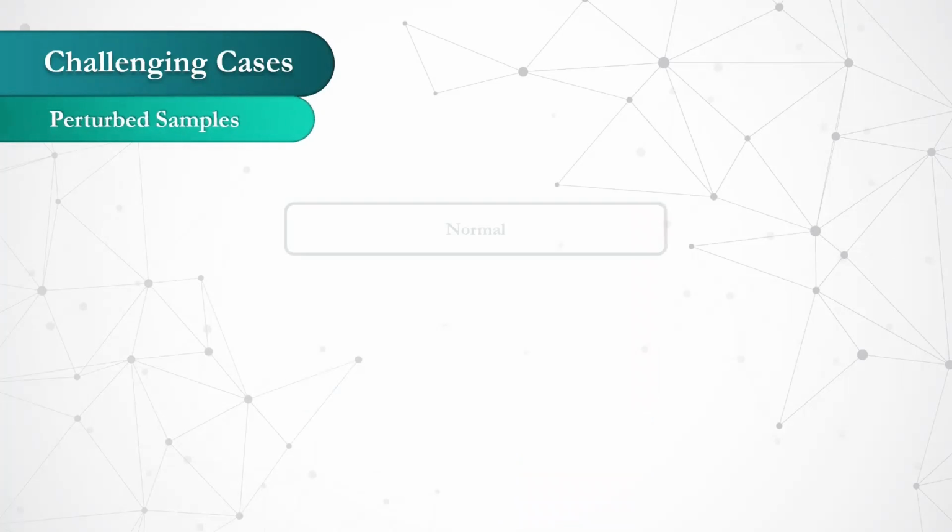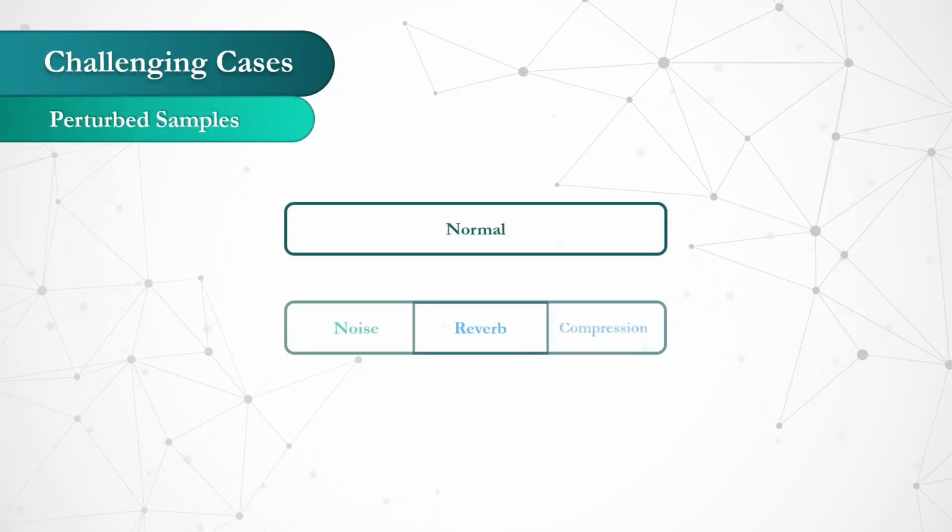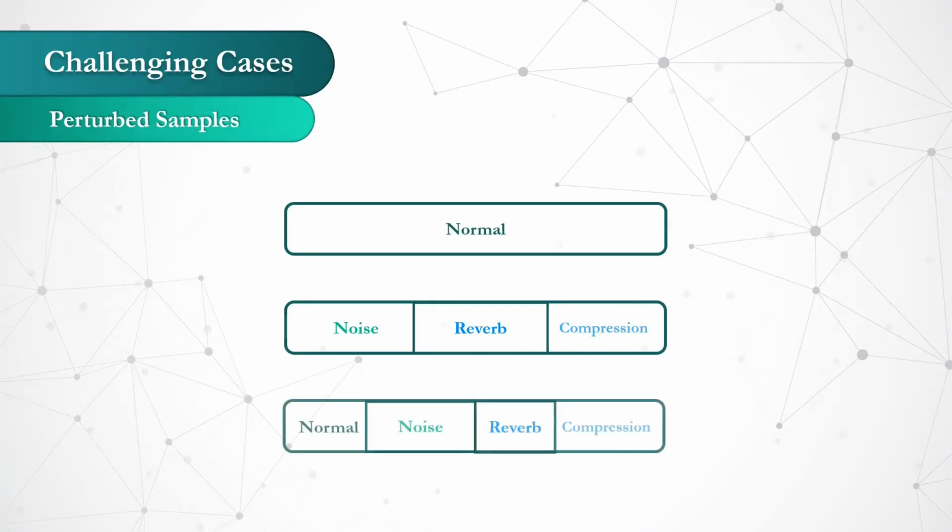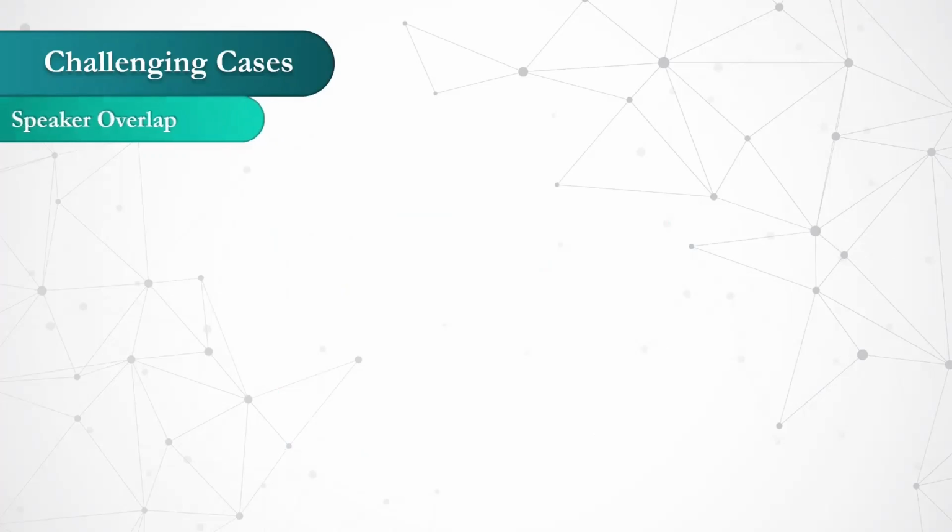Perturbed samples were present in test 2 and 3. In test 2, the audio samples were perturbed with random noise, reverberation, and different compression rates. And in test 3, both normal and perturbed samples were present. Another problem that we had to deal with was speaker overlap.